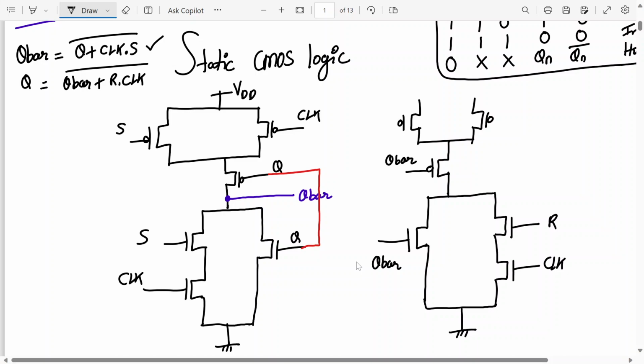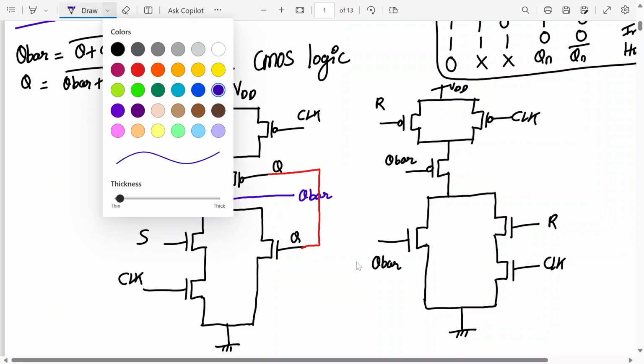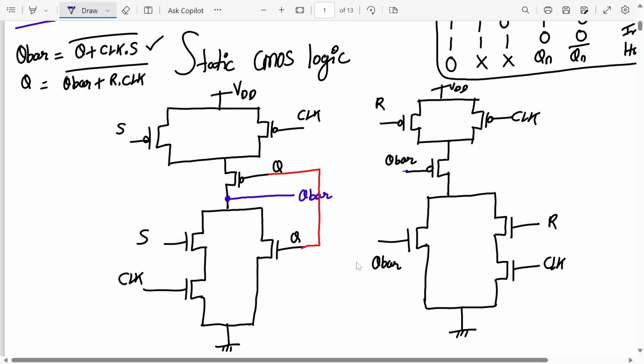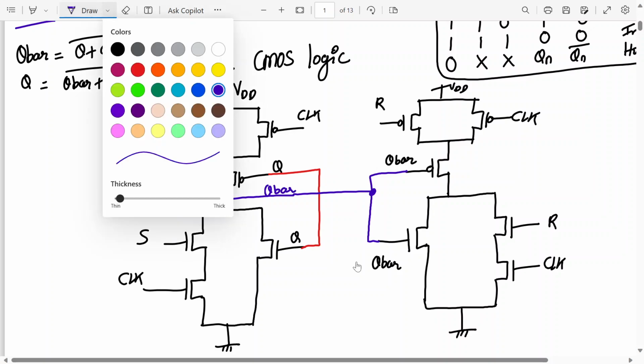Alright. So this is R clock. Let me draw Q bar now. Q bar will join with blue color, and it's joined over here. Alright, this is Q bar. And where will Q be?